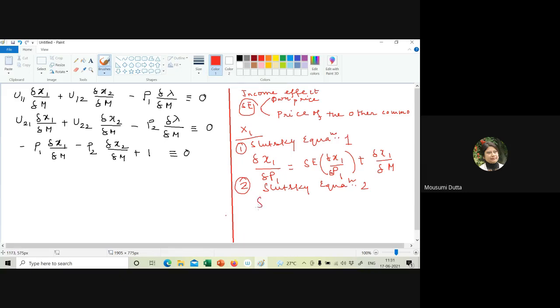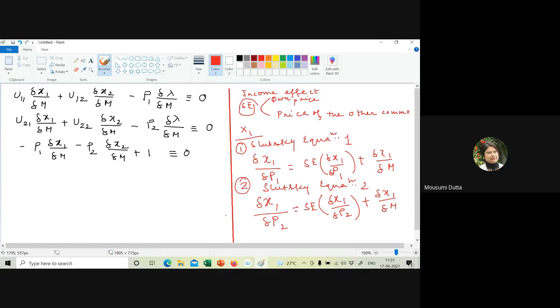In that case, you are considering the total effect in terms of cross price. So when you will go for the substitution effect calculation, this part will remain unchanged.